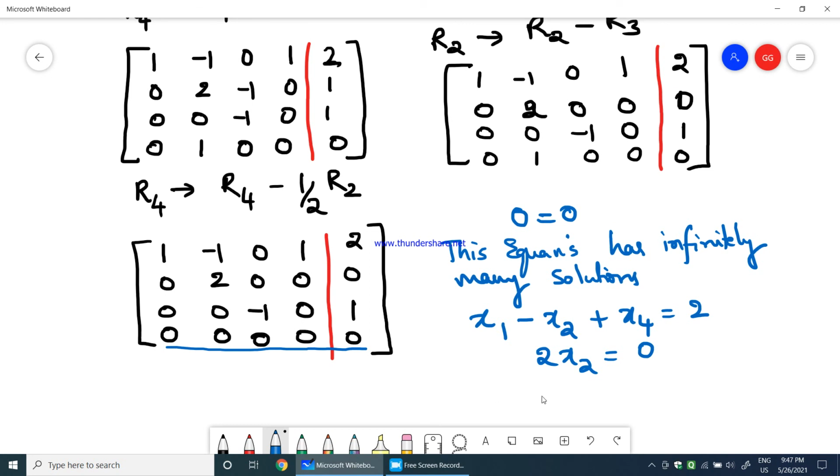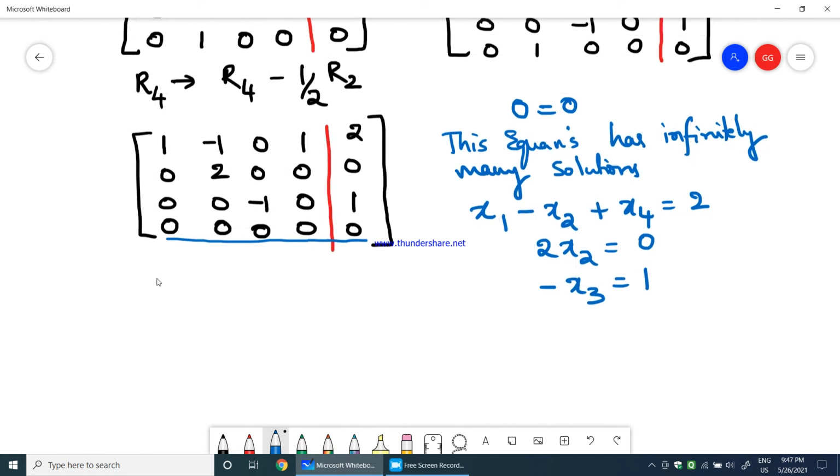Third equation is minus x3 equals 1. Then for the fourth equation, what we try to do here is, we take x4 to be equal to t. We consider x4 to be equal to t. This is what we do when we have infinitely many solutions. As we get 0 equal to 0, we assume x4 to be equal to t.